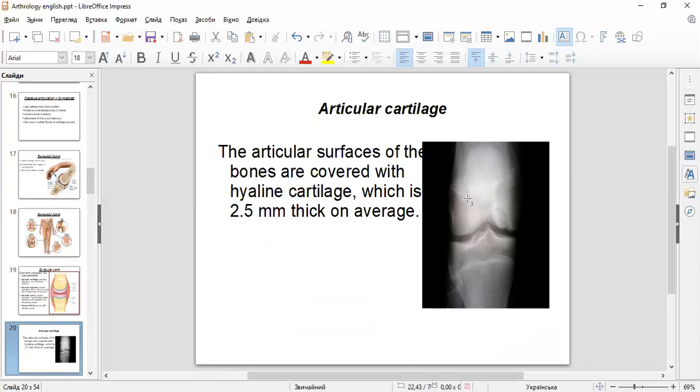In the picture, you can see X-ray of the joint, where articular surfaces of the bones are covered with hyaline cartilage, which is 2.5 millimeters thick.